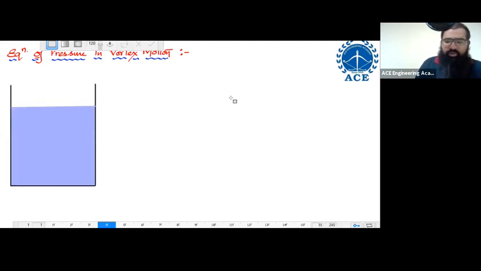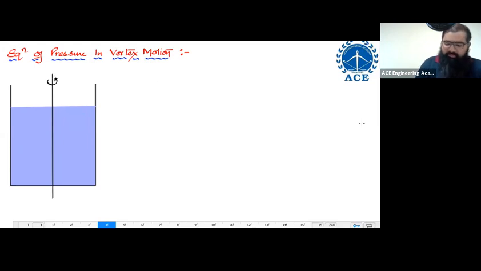Imagine this is a fluid body we are having. And about a particular axis, there is some vortex motion developed. Let us say this is central axis. About this particular axis, there is some vortex motion developed. Now this can be free or forced. I'm not worried about that. Let us just say there is some vortex motion about this thing.